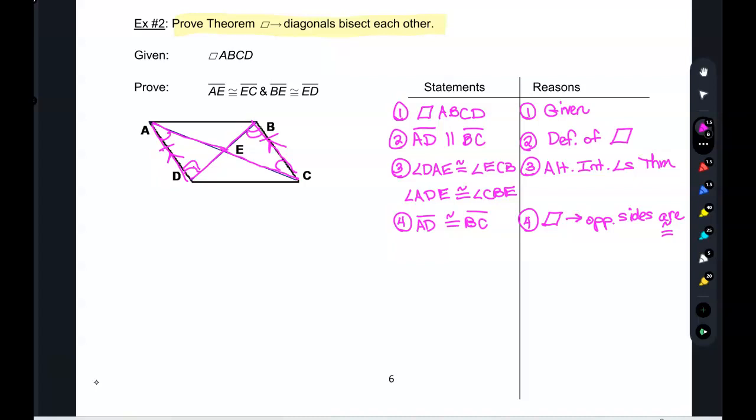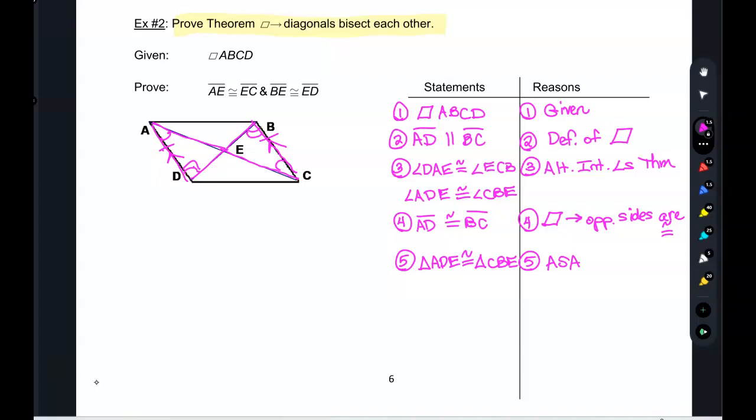What's the reason? Angle, side, angle. Okay, so I'll go with triangle ADE congruent to? Yeah, the last one is going to be CBE. We already said angle, side, angle.